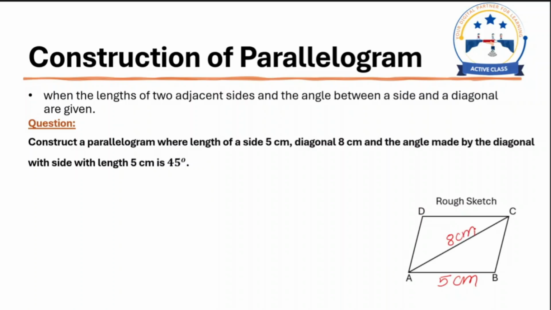Finally, we are given the angle made by the diagonal AC with the side of length 5 centimeter. That means this angle, which is 45 degree. You know the basic properties of parallelogram, right? The opposite sides are equal and parallel.